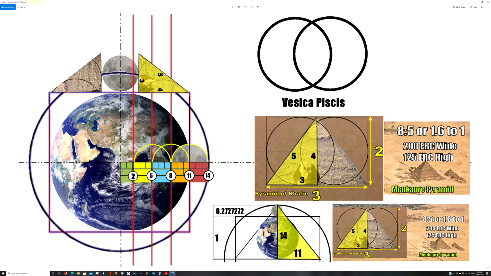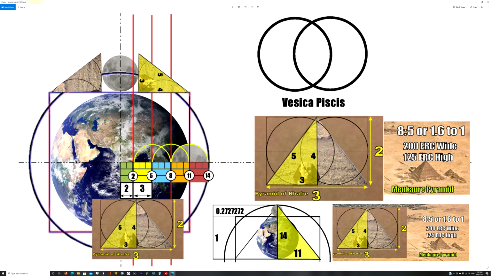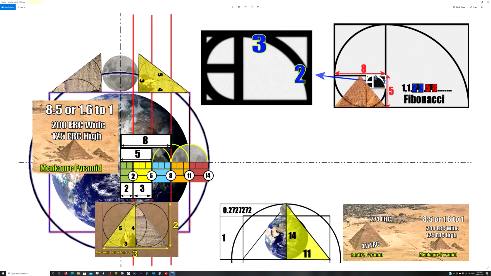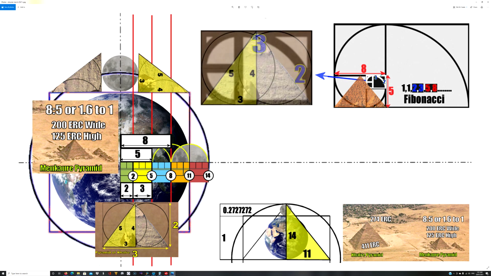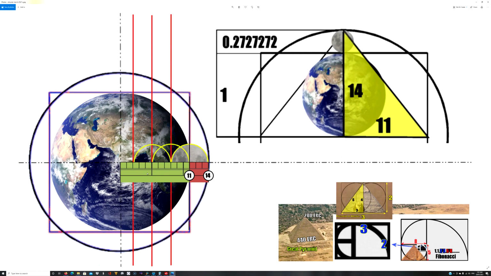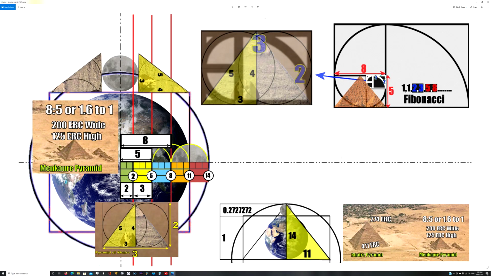They're separated by 3, 2 and 3, Vesica. So we have 2 and 3, 8 and 5, Fibonacci numbers. As we saw, you draw a Fibonacci spiral and you get the Khafre and the Menkaure pyramid. Now the 3, 4, 5 triangle, if you were to draw that, the Lucas spiral emerges from the same thing.